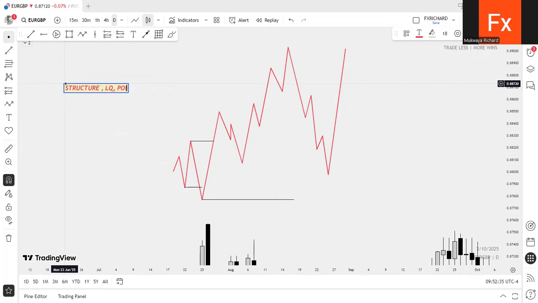POI, in simple terms, we always use QMs, or we shall be using candle wick, or order blocks, or support and resistance levels.